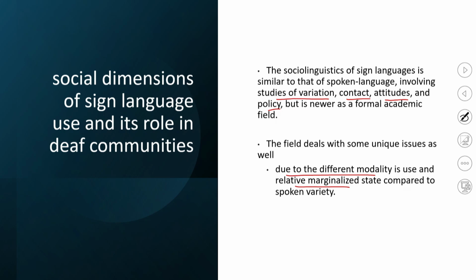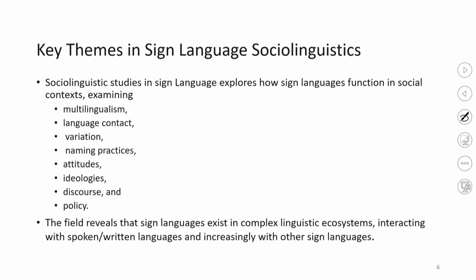So, all of those extra factors are also part of sociolinguistic studies of sign languages. Now, these are the key themes. As you can see, these are the same themes that we have been discussing in this entire course about sociolinguistics of spoken language. So, they remain more or less the same.